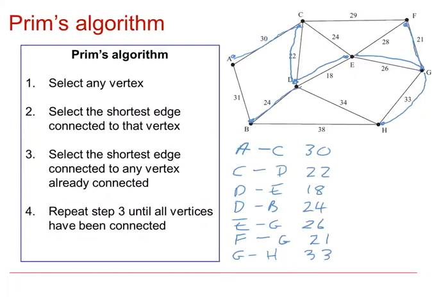So hopefully you can see the minimum spanning tree diagram in blue drawn on top of the other one. And if I was to add all of those numbers up, I would get 174 as the weight of my minimum spanning tree.